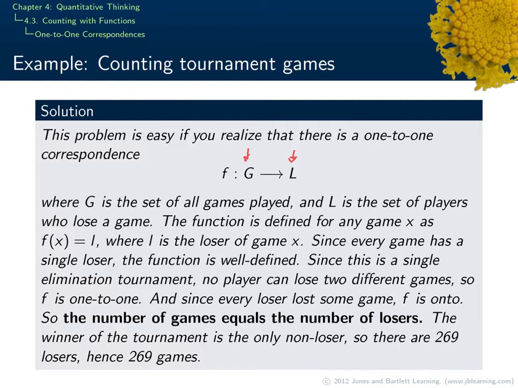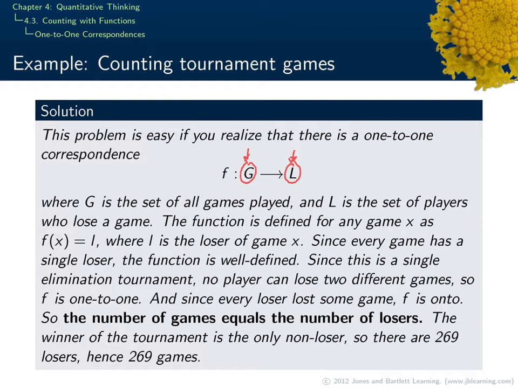So what that means is that if I want to count the number of games in our tournament, that's equivalent to counting the number of losers, right? Remember, the corollary on that first slide said that if I have a one-to-one correspondence between two sets, then those sets are of equal size. So that means that if I want to count capital G, the number of games played, all I have to do is count the number of losers.